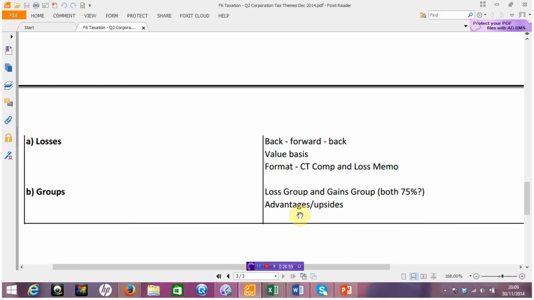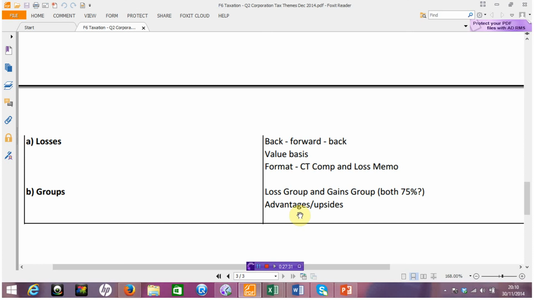We could facilitate an offset of a gain with a loss by making the transfers before the event, as it were, or indeed really transferring assets, crystallizing gains and losses, and then offsetting them, rather than looking at it in retrospect and saying, well, can we move this loss to this company that's got a capital gain? We cannot do that. So advanced planning is required.